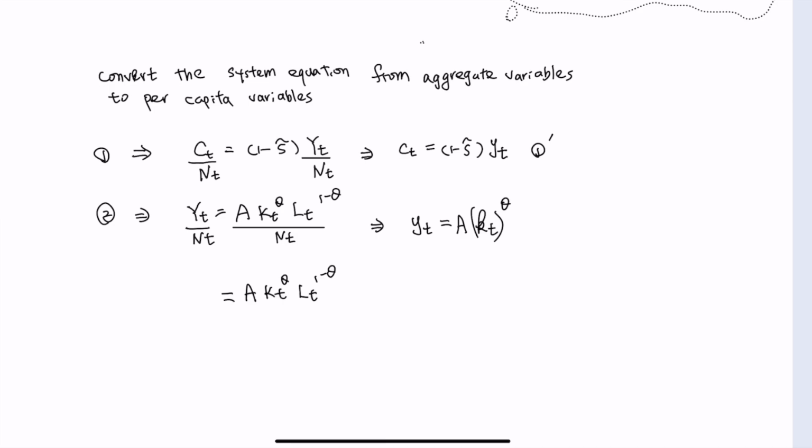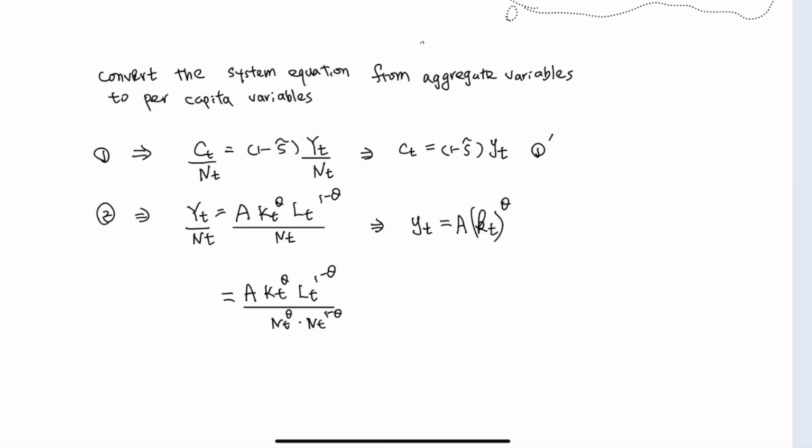Well, if we divide both sides of the equation by N, then the left-hand side, Y_t over N_t, is the aggregated output divided by the population size, and it becomes the per capita output.